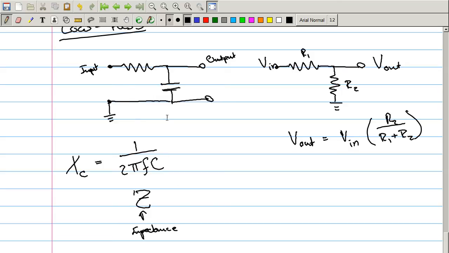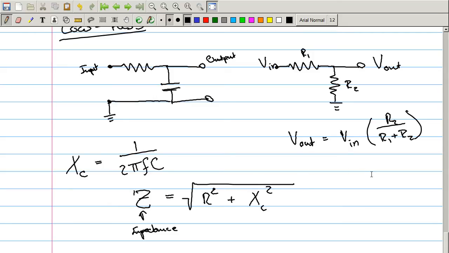The total impedance of a circuit, specifically this circuit, is going to be the square root of R squared plus X sub C squared. So it's resistance squared plus reactance squared. That is the total impedance.